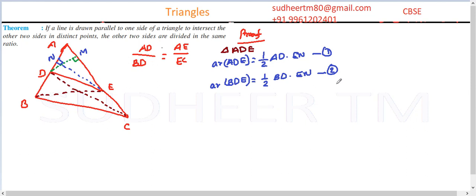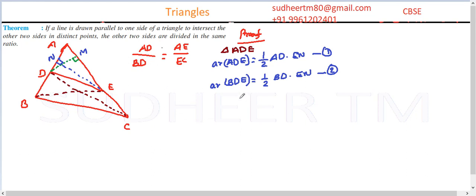So equation number 2. Okay, now consider the triangles with the right side and the D and E points. Triangle ADE we already found, and this triangle DEC. So consider first the top triangle with the right side.